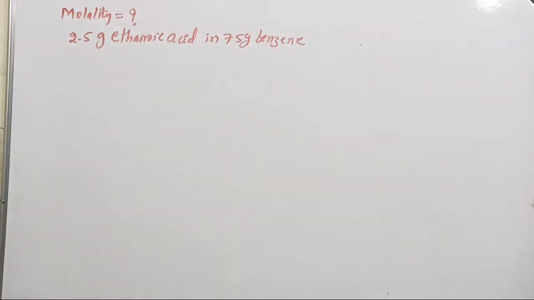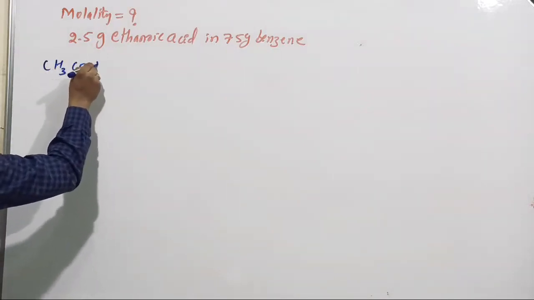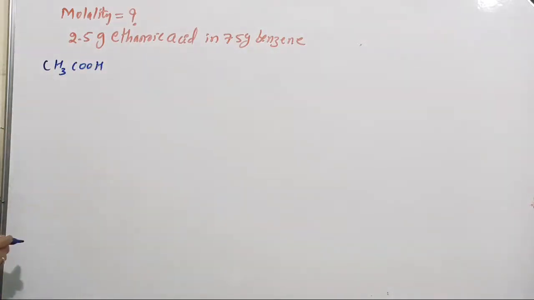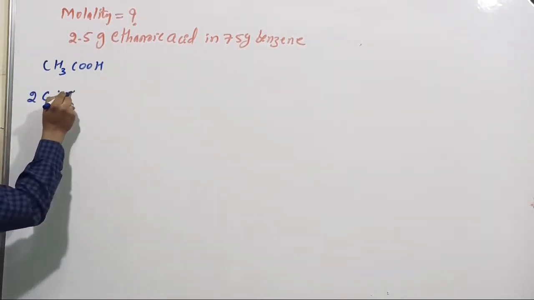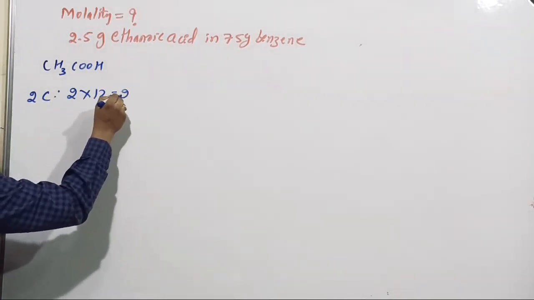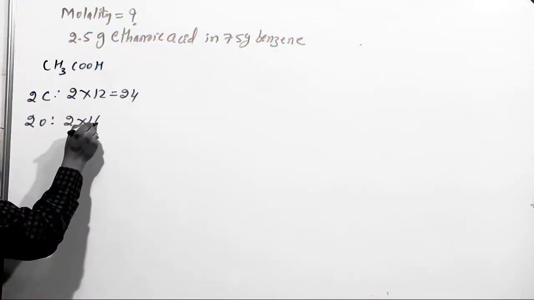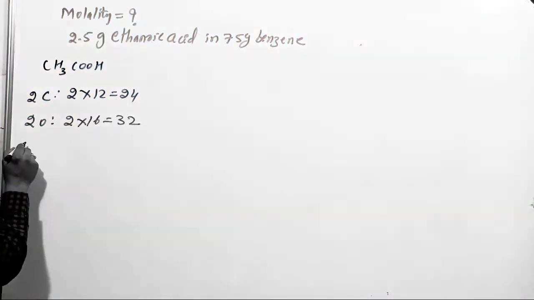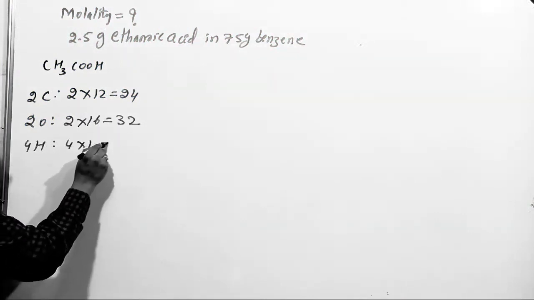Calculate the molecular mass. 2 carbons are there: 2 into 12, 24. 2 oxygens are there: 2 into 16, 32. 4 hydrogens are there: 4 into 1, 4.